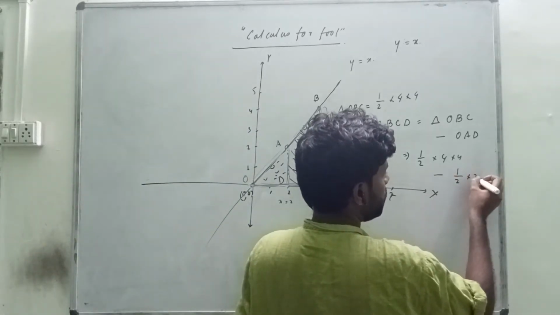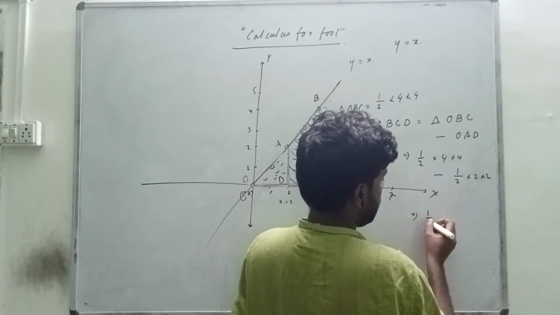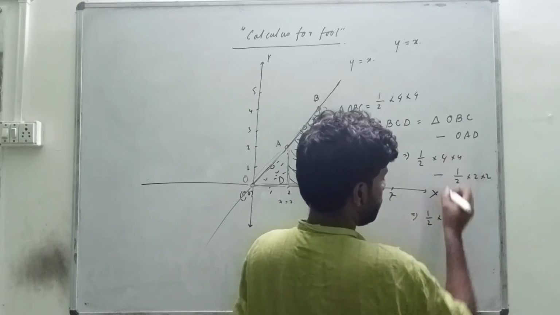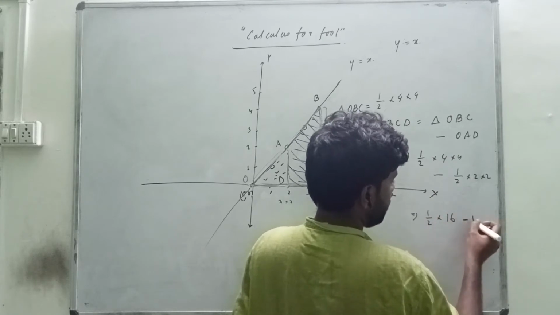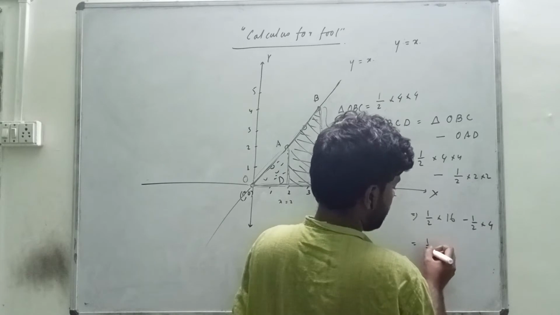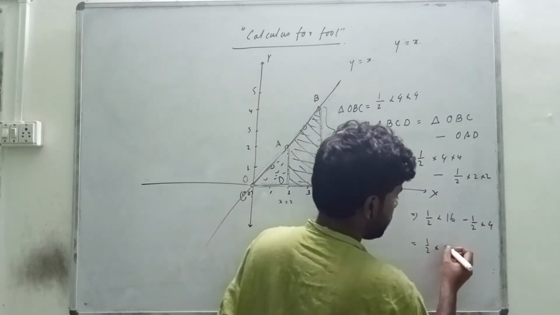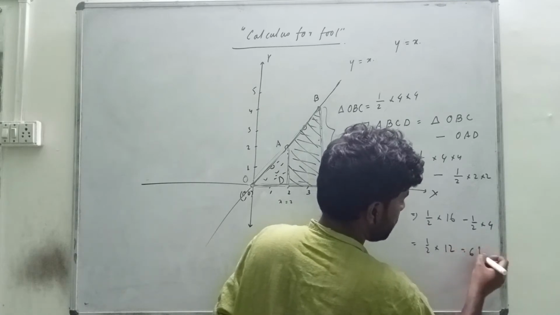That means half into 4 into 4 is 16, minus half into 2 into 2, which is 4. That means half into 16 minus 4, that is 12, that means 6 units, right?